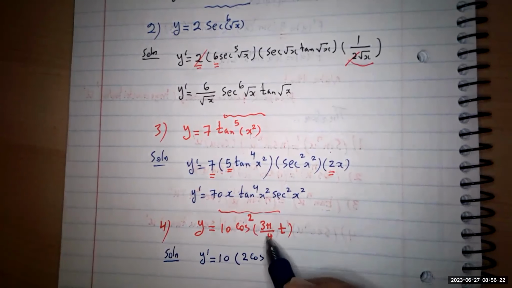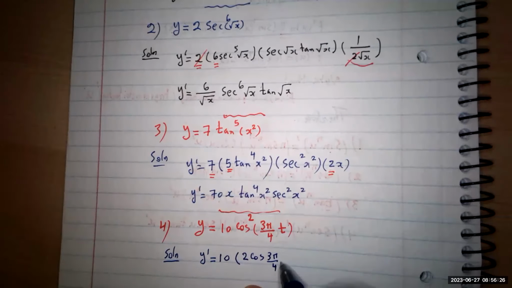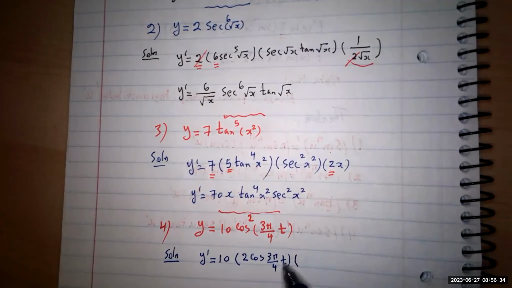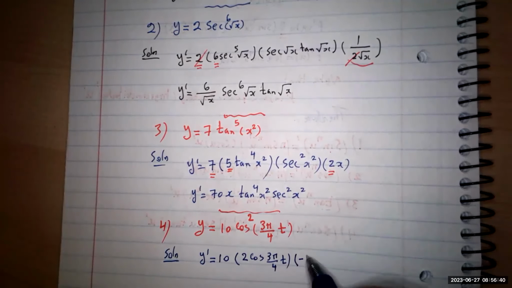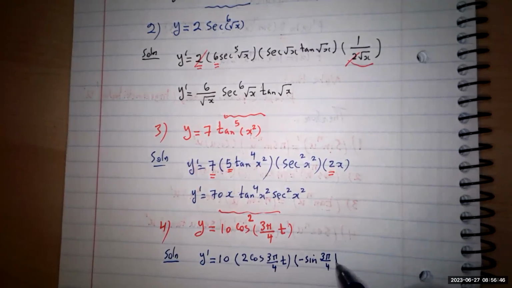Okay, cosine of what? Cosine of the 3/4 of t. That's a power function. Times that by, you have to keep these parentheses, remember, especially this one. Derivative of the cosine. Derivative of cosine would be negative sign. Negative sign. Sine of what? Same angle. 3/4 t.